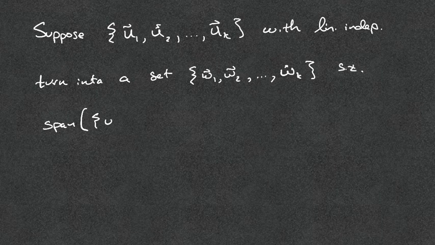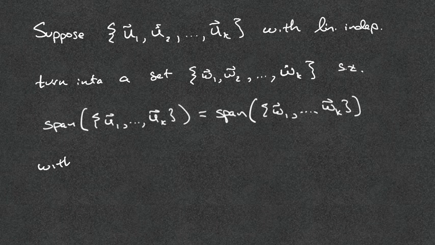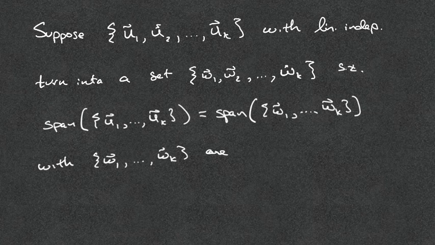So our span of our u's is going to be equal to the span of our w's, and what we want is that our set of w's, so w1 up to w sub k, are not just mutually orthogonal, but are something called orthonormal vectors. And so we have a definition.